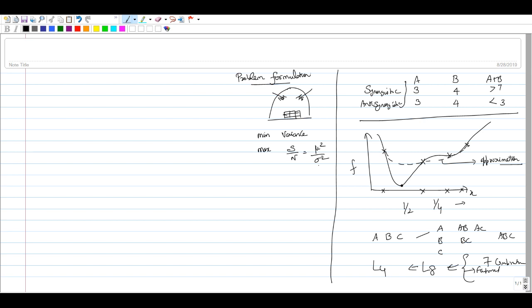Since it's in the denominator, you want to maximize that. Or you can even minimize mu plus k times sigma. So there are different formulation techniques that you can use. Sometimes we even minimize mu and minimize sigma. It's called a multi-objective formulation.